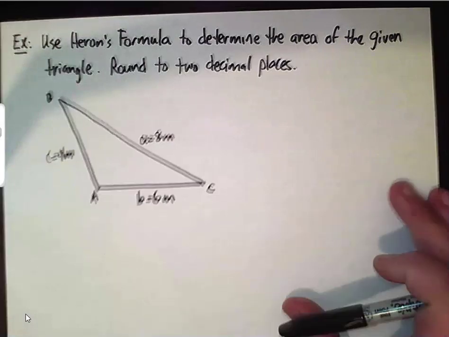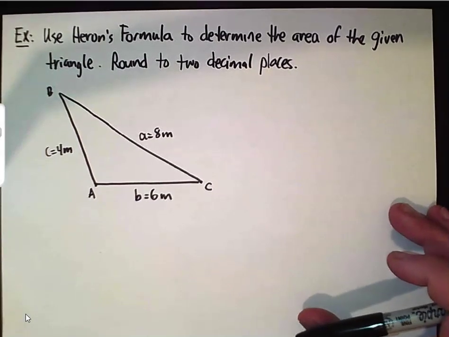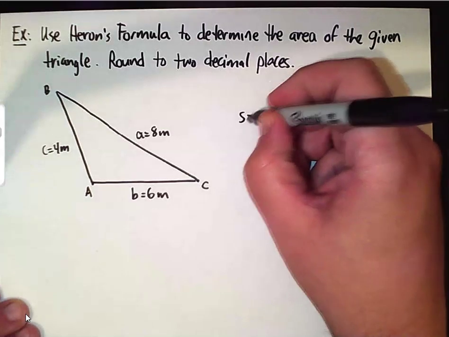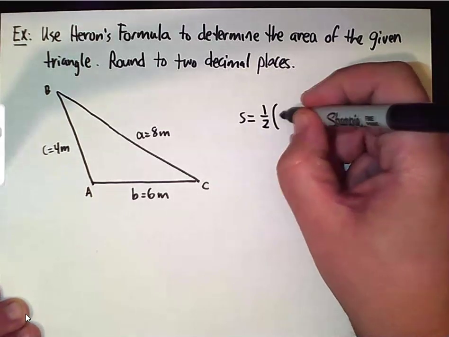Okay, so here's an example of this. I've got triangle ABC. a is 8 meters, b is 6 meters, and c is 4 meters. We want to use Heron's formula to find the area of this triangle. First thing I'm going to do is find the semi-perimeter.